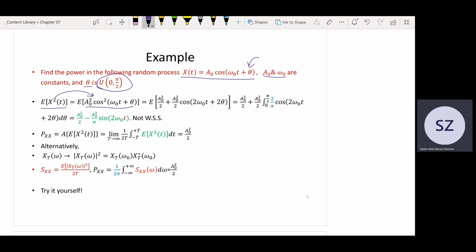Now you need to open up the cosine squared, which is half of 1 plus cosine of double the angle. So it will be A0 squared over 2 plus A0 squared over 2 cosine of double the angle.